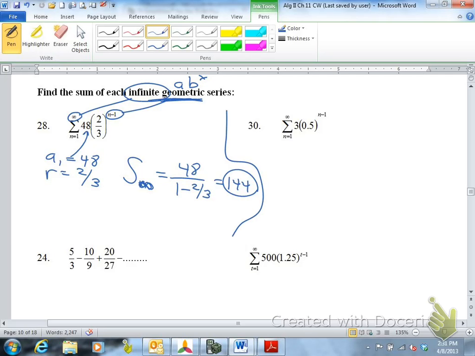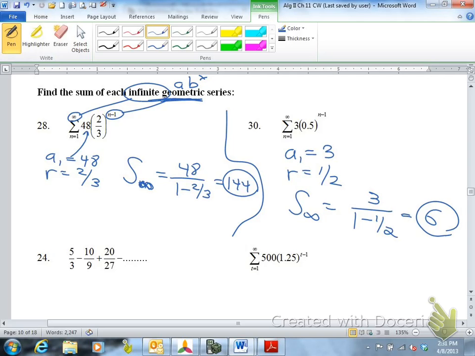And then the next one, a sub 1 would be 3, r would be a half. So the sum of the infinite number of terms would be 3 divided by 1 minus a half, which is 3 divided by a half. So the sum is 6.